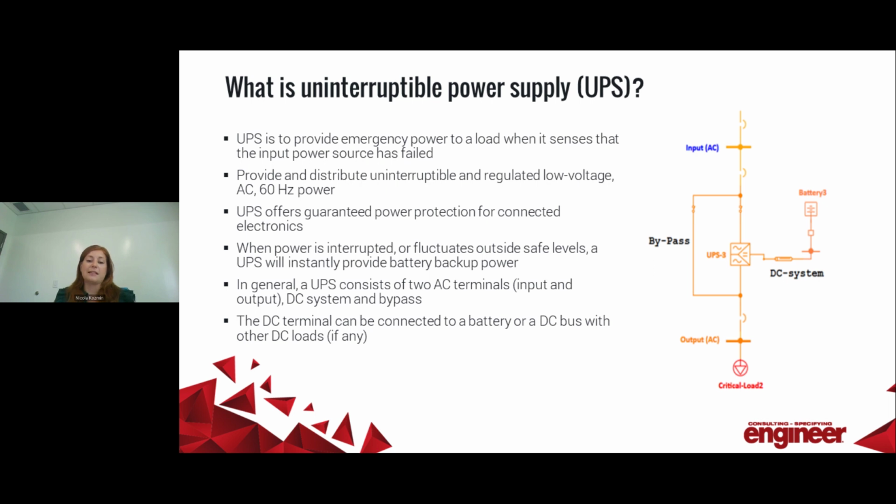You can also have an isolation transformer on your AC input for output regulation when the bypass is initiated. It can also be purchased with batteries, including battery chargers, monitoring, and a DC distribution bus. And then finally, an AC panel board can be purchased with the full UPS package.